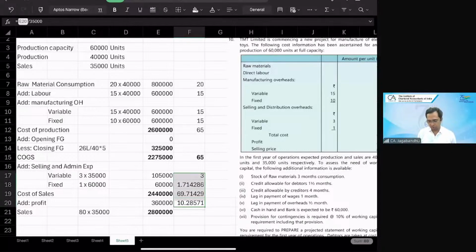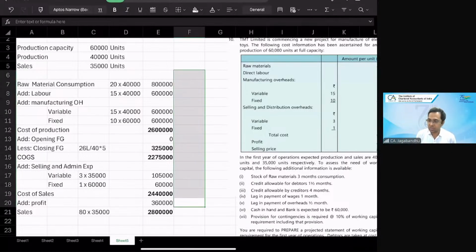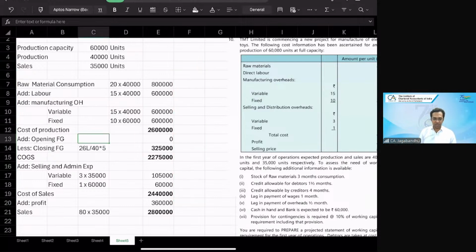Okay, so I hope the cost structure is clear with everyone. Now, can you carry out the estimation of working capital? Yes or no, guys? Sure, go ahead.